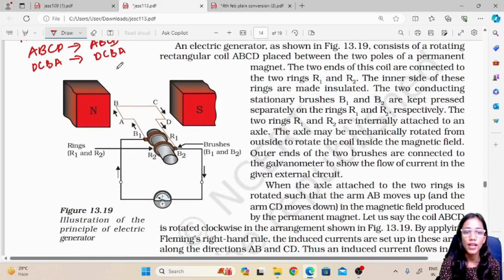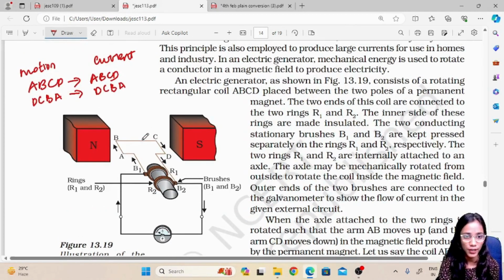Okay, so let's revise. In the first case, the axle is rotated mechanically and arm AB moves up and arm CD moves down. So the direction is clockwise, that is ABCD. When it is ABCD, the direction of current is also ABCD, going from B1 to ABCD and then to brush B2.